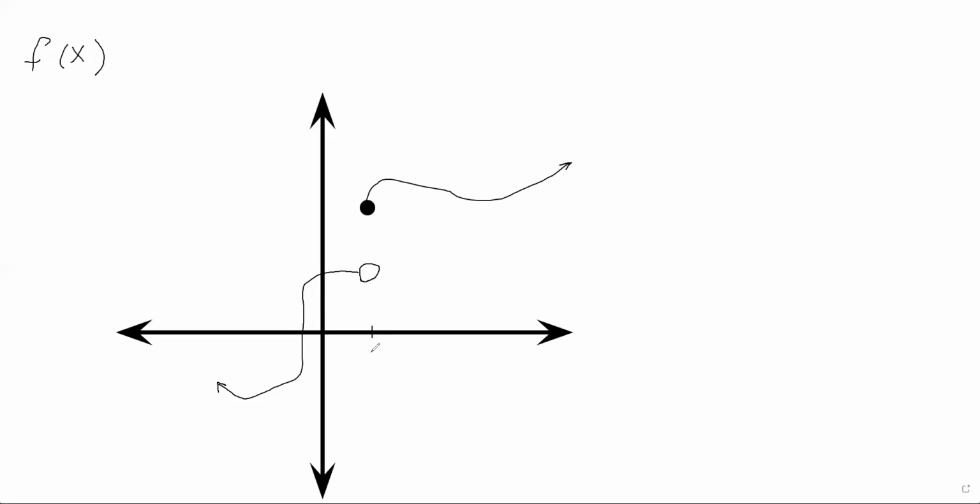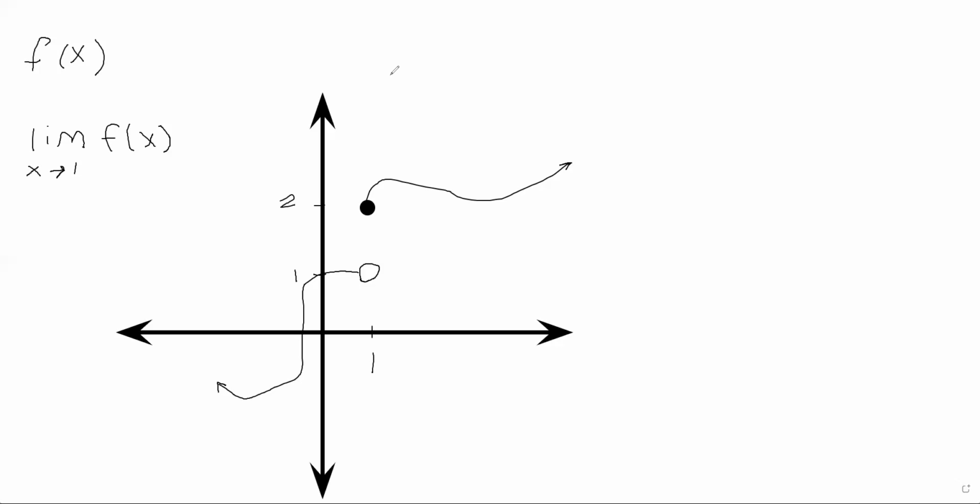I'm going to make this 1. I'm going to make this 1, and I'm going to make this 2. So we want to ask ourselves if the limit as x approaches 1 exists on this function. Does it exist or does it not exist?